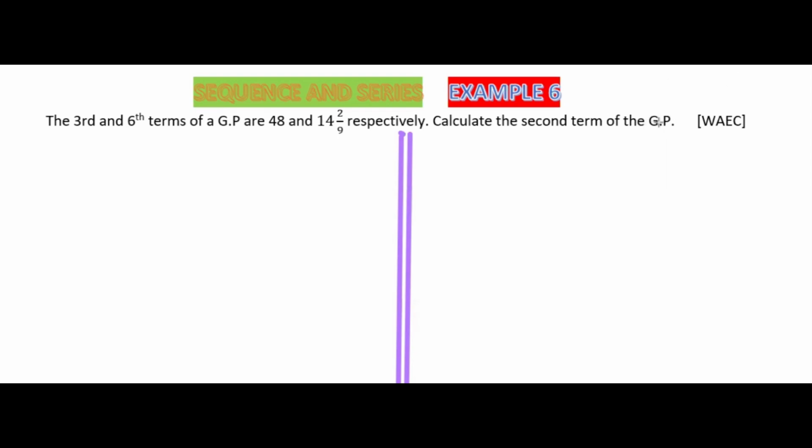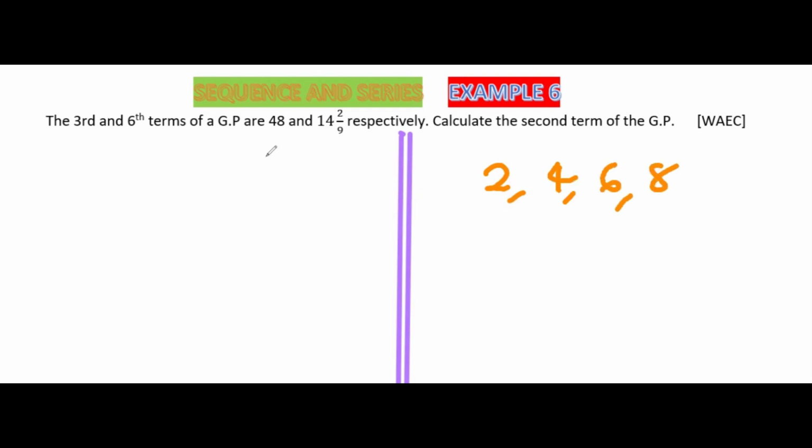Whatever we have to calculate here, it is customary that we find the first term and the common ratio. While we have first term and common difference for AP, under GP, we have what we call common ratio. The reason is that under AP, we have things like 2, 4, 6, 8.